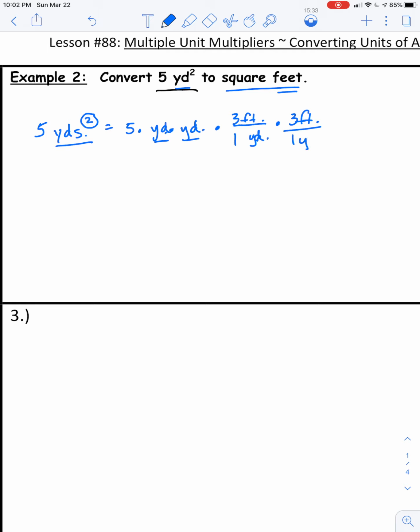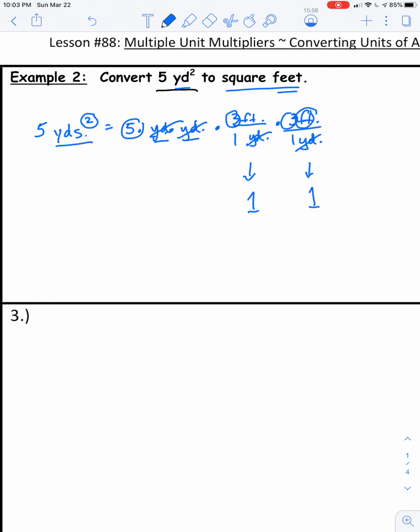So 3 feet over 1 yard. And now remember, these are the same as 1, so we're not changing any value here. We're just using it to multiply it out to make our conversion. So we can cross out yards, yards. And what am I left with? I have 5 times 3 times 3.